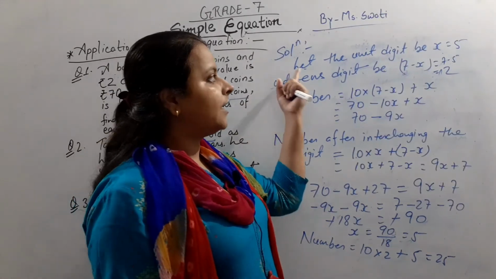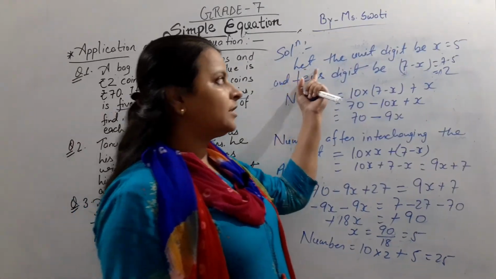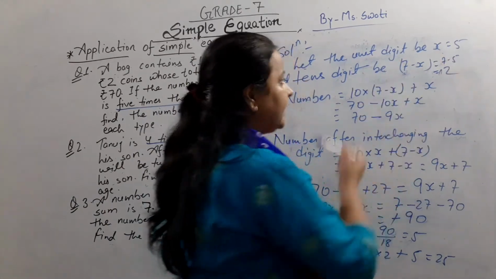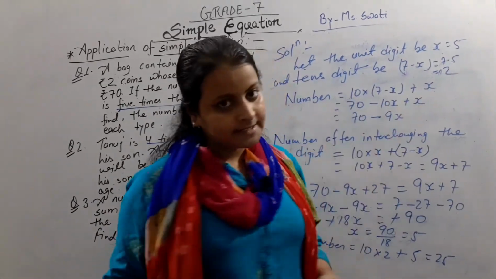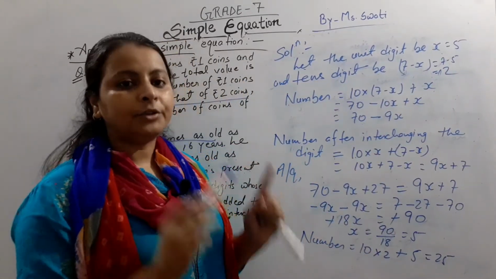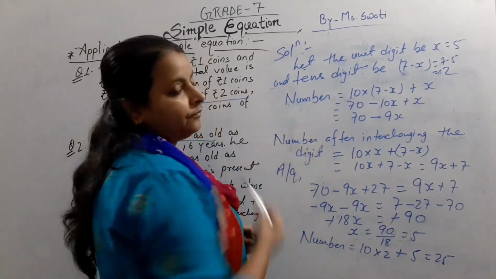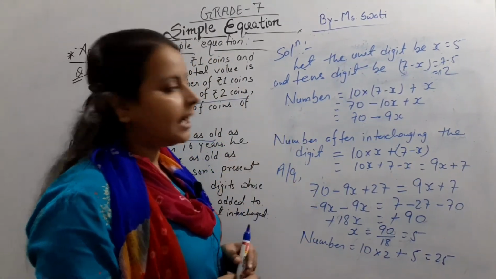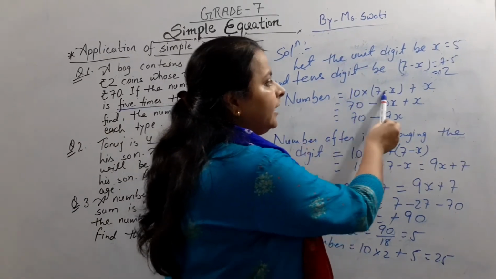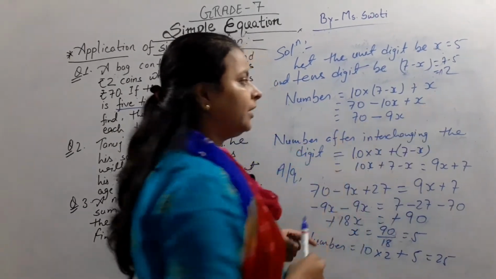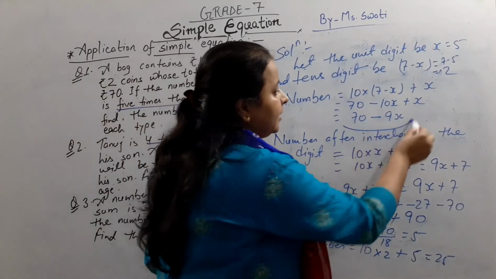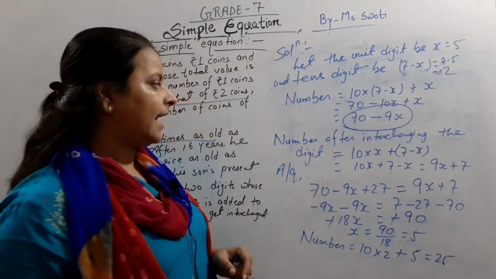What we do first? First we suppose that the unit digit is x and the tens digit is 7 minus x, because the sum of unit digit and tens digit is 7. Now we first find the number. Number is equal to 10 into tens digit plus unit digit, and we get the number is equal to 70 minus 9x.